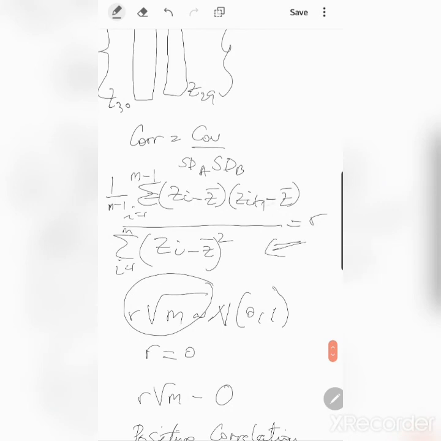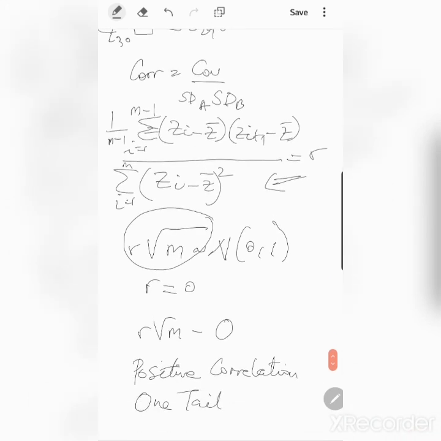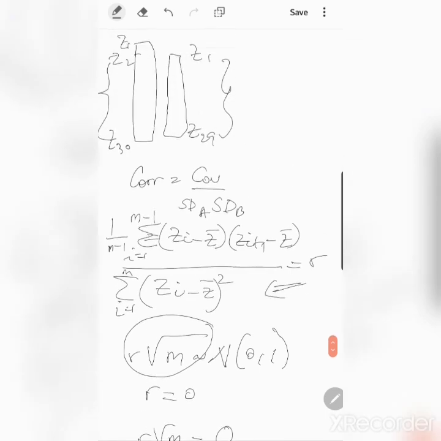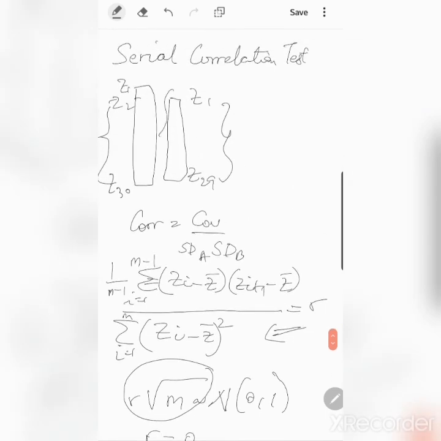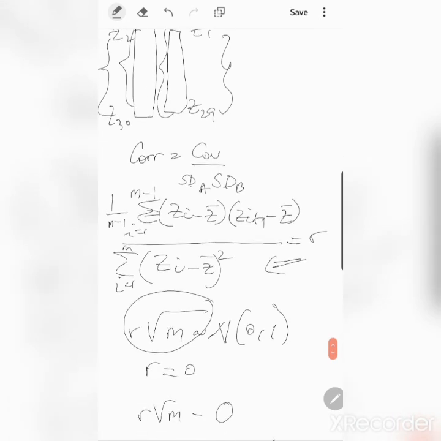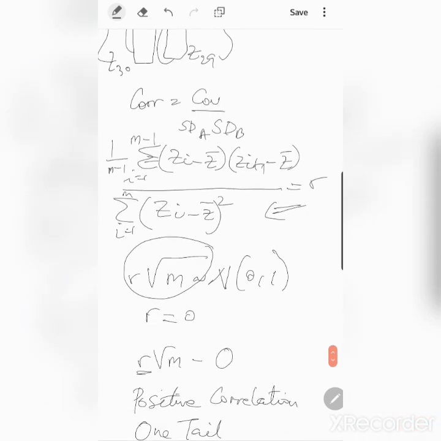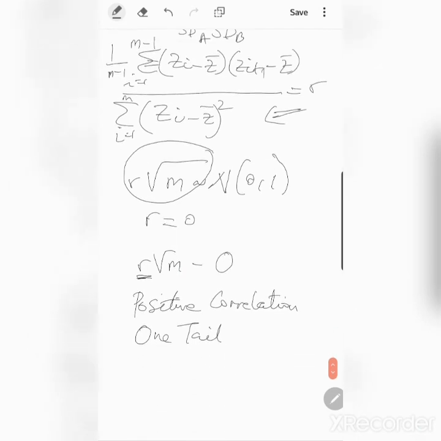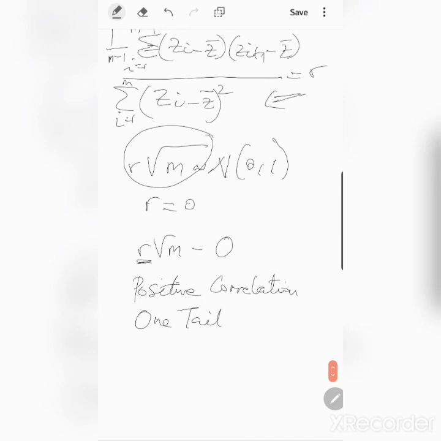Then I'll take R1 multiplied by the square root of M. I can compute the correlation between this and this. So whatever the R I'm getting, I multiply by the square root of M. Then I will test with the assumption of a normal distribution of 0 to 1.